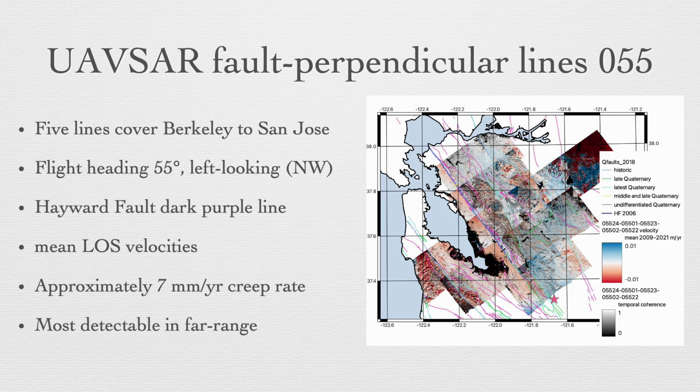These 5 tracks have been processed to time series and mean velocity, and we can see the discontinuity due to the approximately 7 millimeters per year of surface creep on the Hayward Fault. There's a variation across the swath because the incidence angle varies from the near range on the southeast side of the swath to the far range on the northwest side of the swath, where it's more sensitive to the horizontal motion.